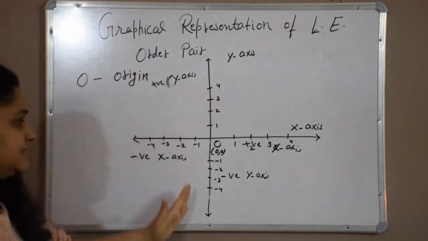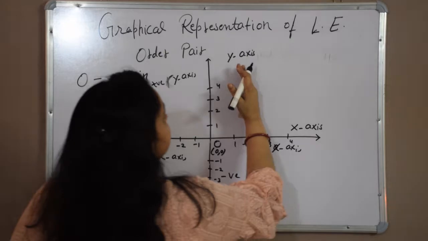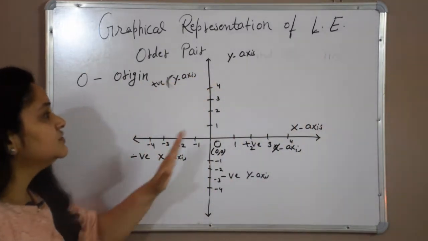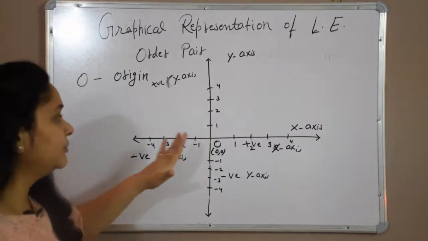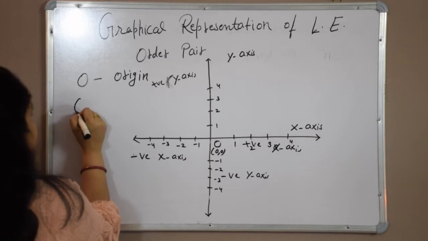Now these two lines divide the whole plane in four parts. See, this is one part, this is one part, this is one part, this is one part. So whole plane is divided in four parts. These four parts are called the quadrants.